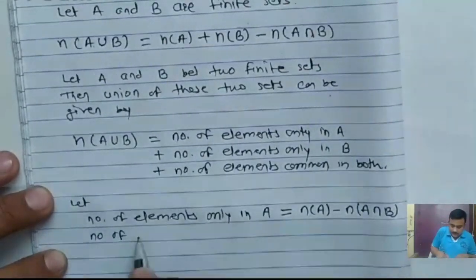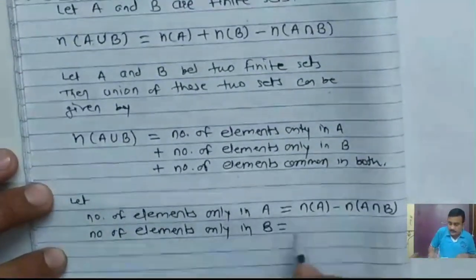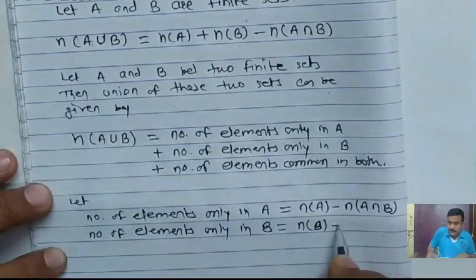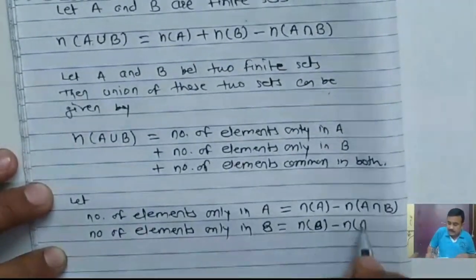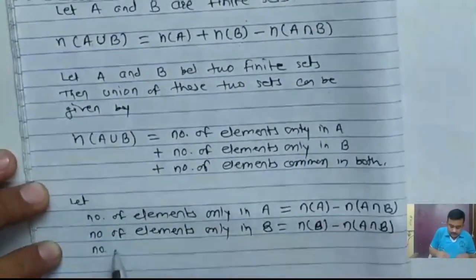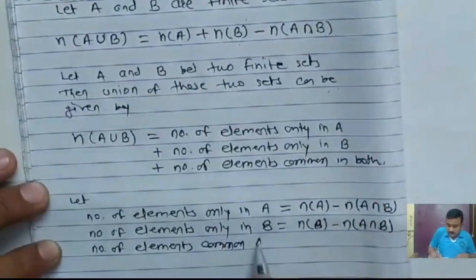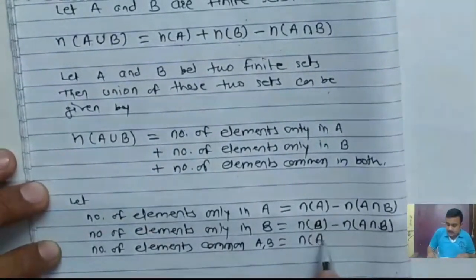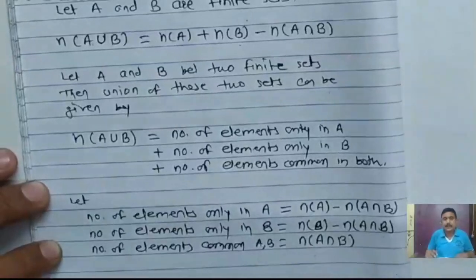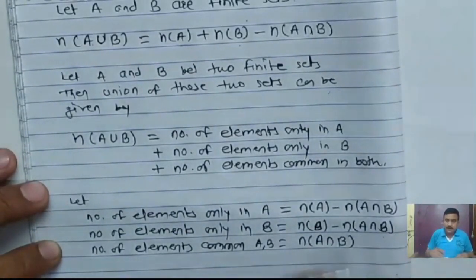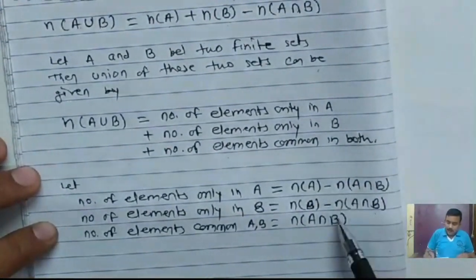The number of elements only in B is given by the number of elements in B minus the number of elements in A intersection B. Now the number of elements common to A and B is given by the number of elements in A intersection B.